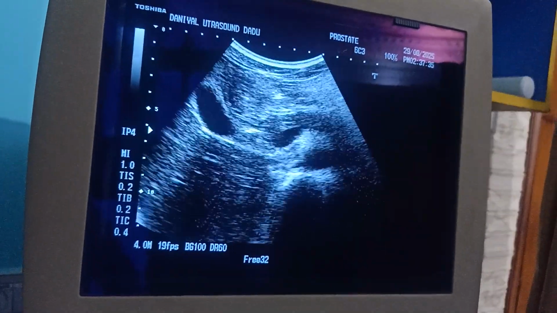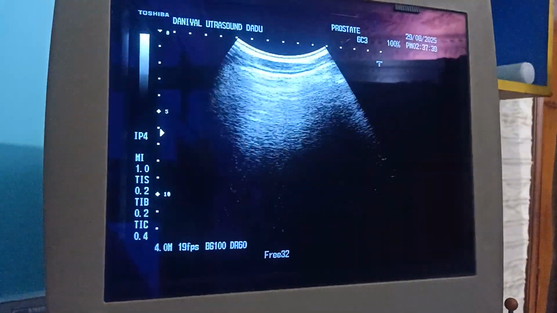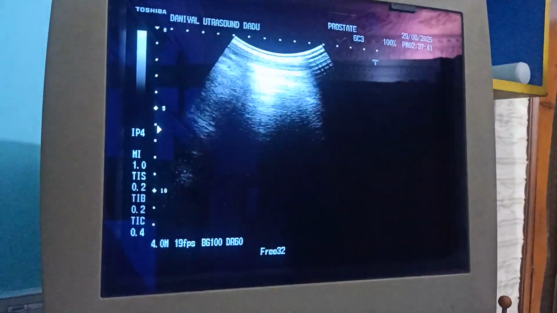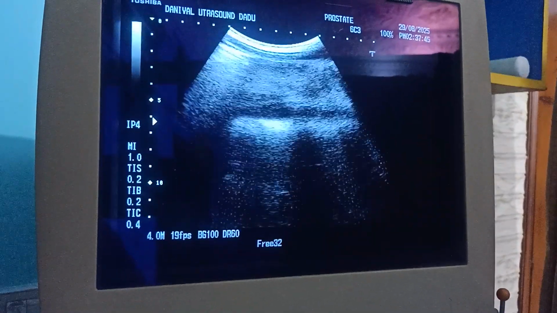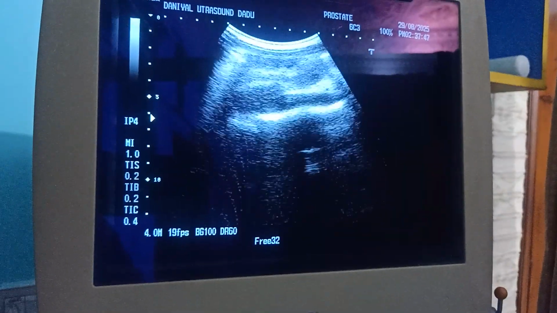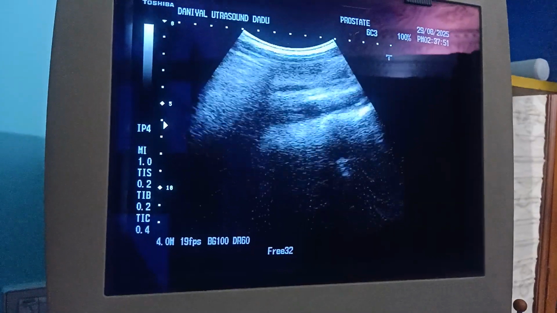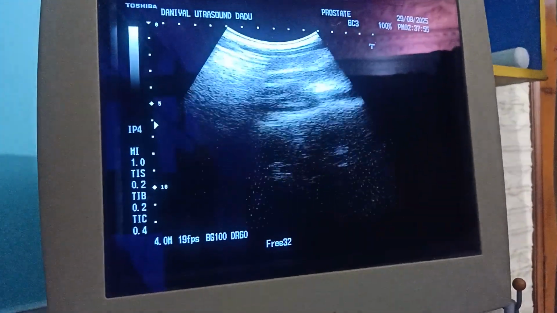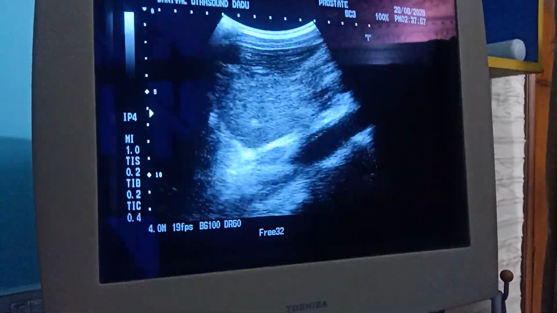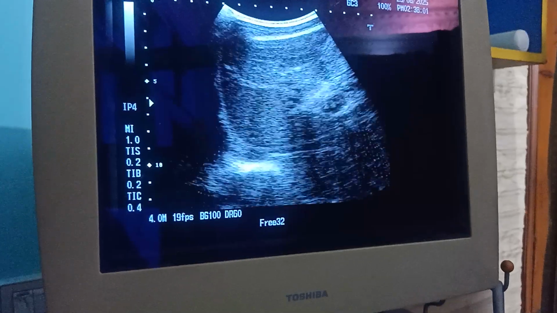This is IVC. This is gallbladder. And there is no definite evidence of any para-aortic or epigastric lymph nodes. However, it cannot still be excluded. So patient has to undergo many other investigations until we come to the definite diagnosis.